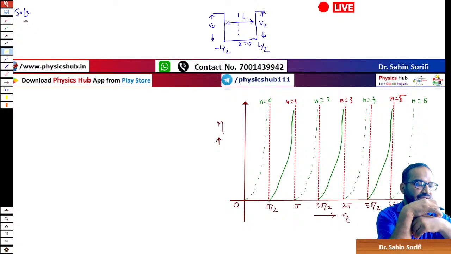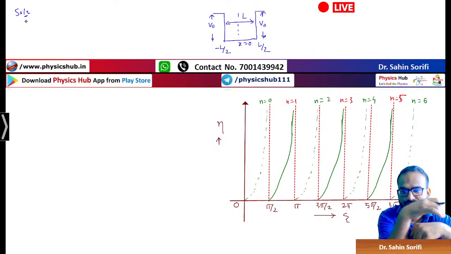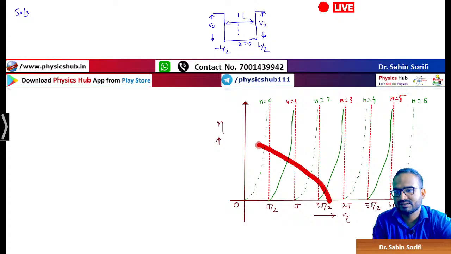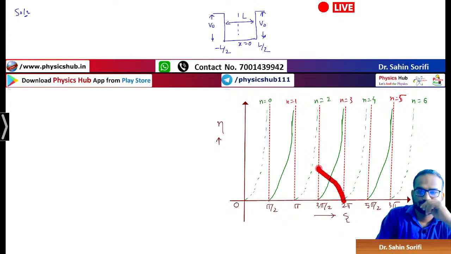So we have to find out the condition such that there are 2 odd bound states. Which one will you take? Look, it should be more than 3 pi by 2, because if you take up to 3 pi by 2, you see it is cutting at only one point. But as soon as you cross 3 pi by 2, it is cutting at 2 odd solutions. So obviously we have to take more than 3 pi by 2 and less than 2 pi maybe.